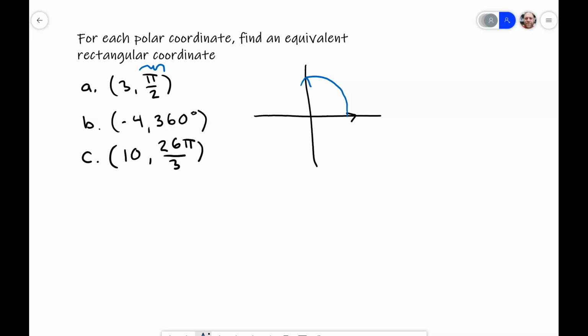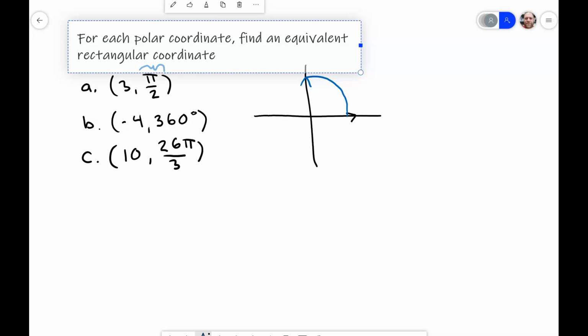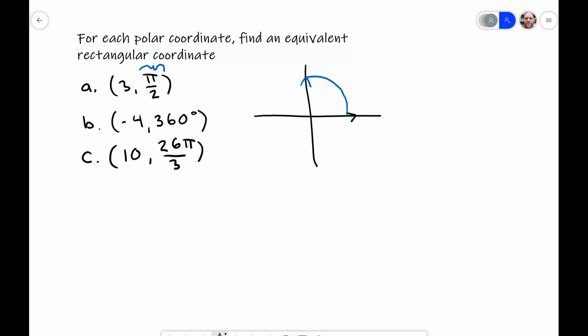And then this second value here, the first coordinate in the coordinate system, would be the radius. That would be the distance that you go from the origin. So this means that we would go 3 units in that direction, and that's where our point would be. So this is how we graph a polar coordinate.